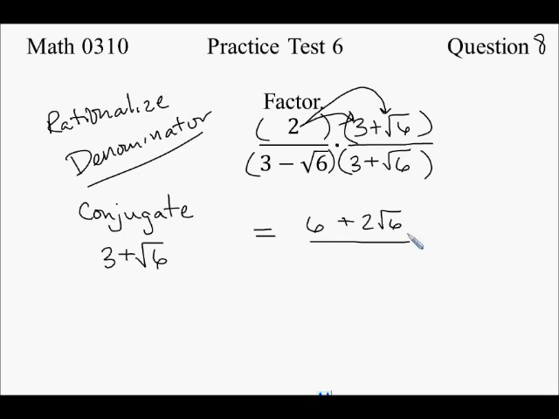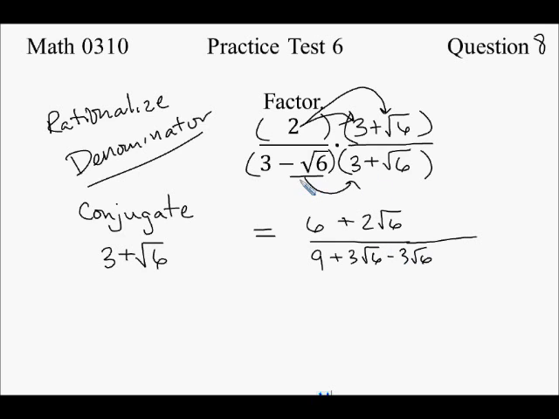Now on the bottom, 3 times 3 is going to give us 9. 3 times square root 6 would give us a plus 3 square root 6. And then when we distribute the negative root 6, times 3 would get a minus 3 square root 6. You can see that's going to help us cancel the positive 3 square root 6 that we had.